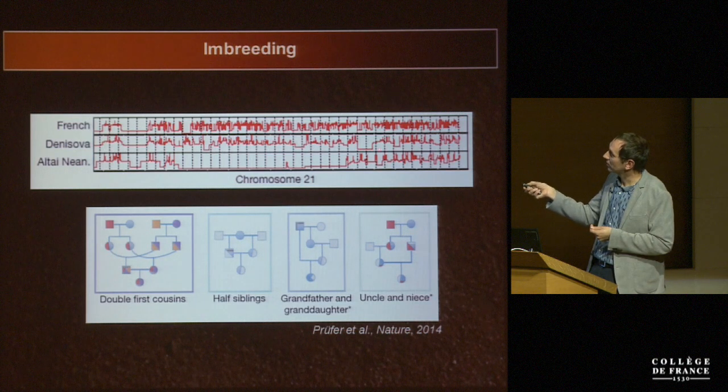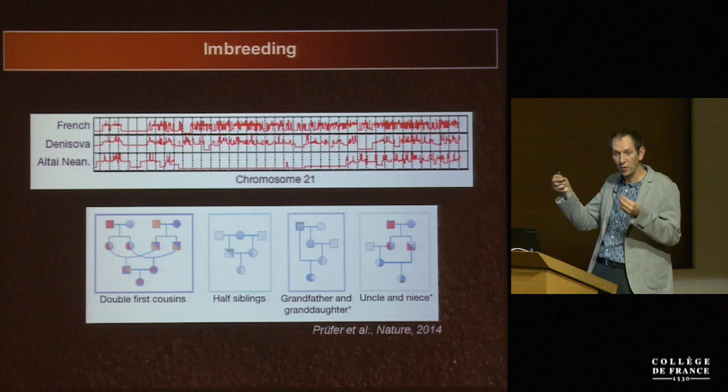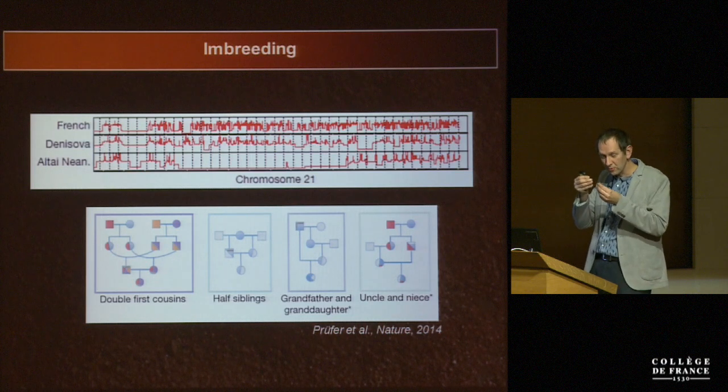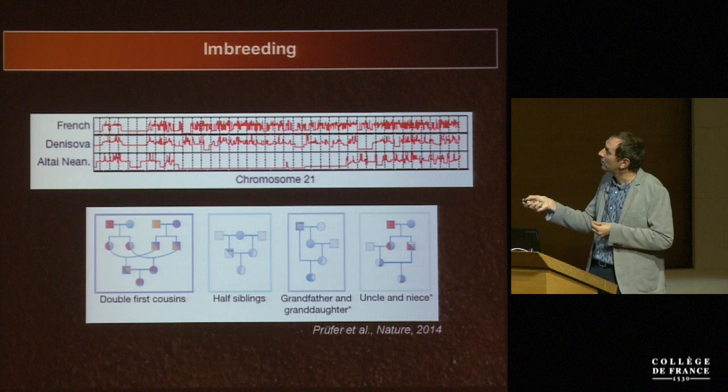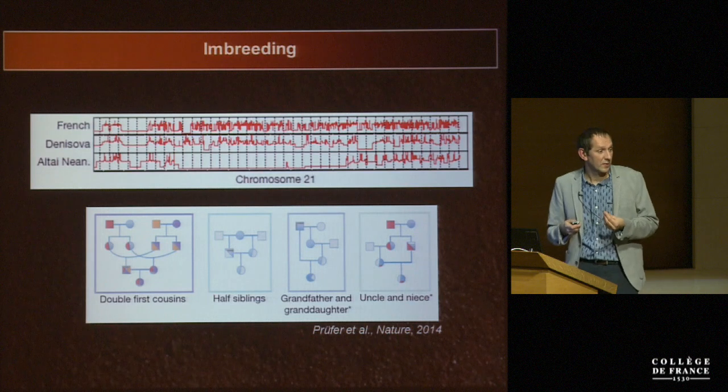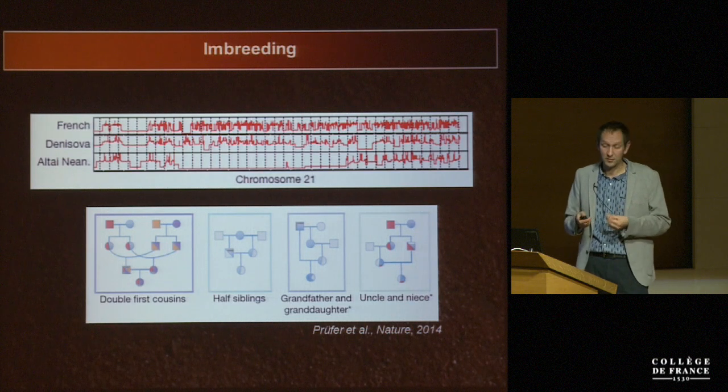There are some small blocks of what we call stretches of homozygosity, so stretches where the two chromosomes are identical. But if you go, for example, to the Altai Neanderthal individual, then you do find evidence for this, like long stretches of homozygosity, suggesting that the parents did actually have some degree of relatedness.